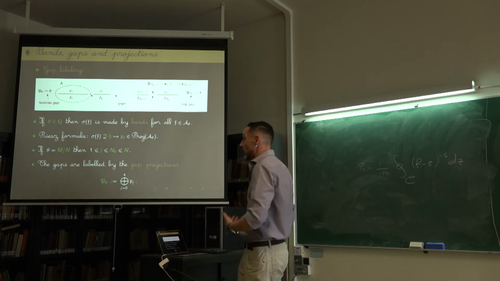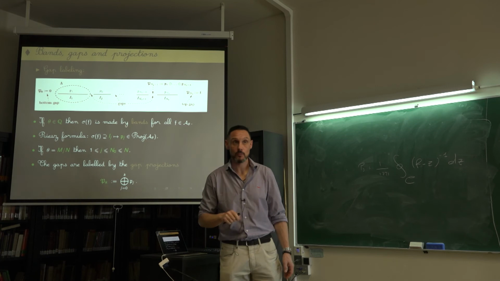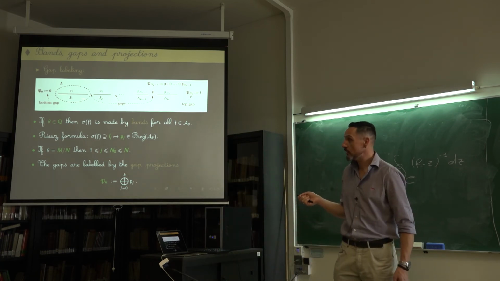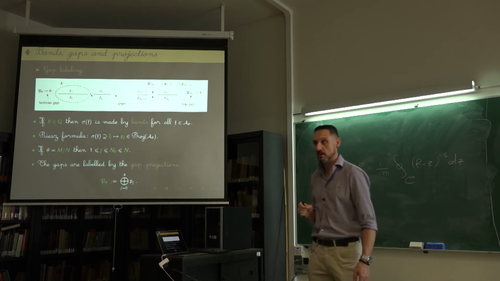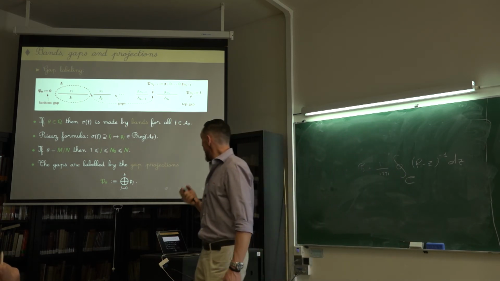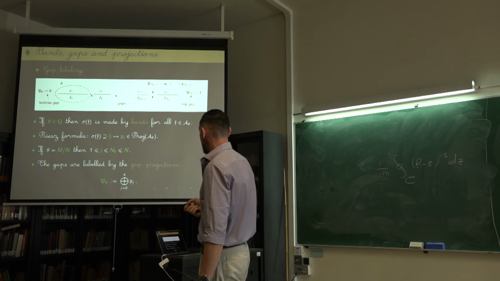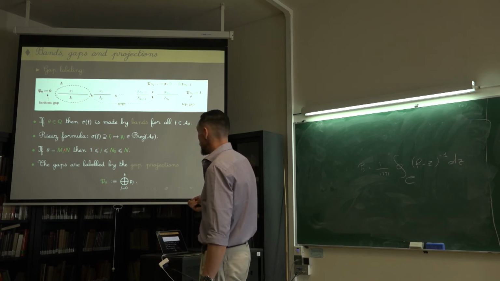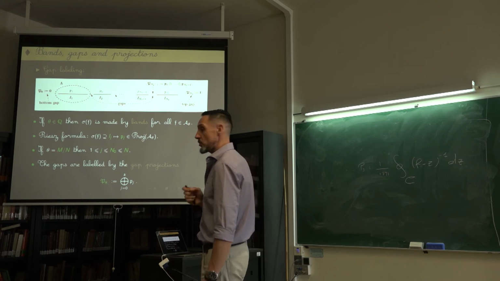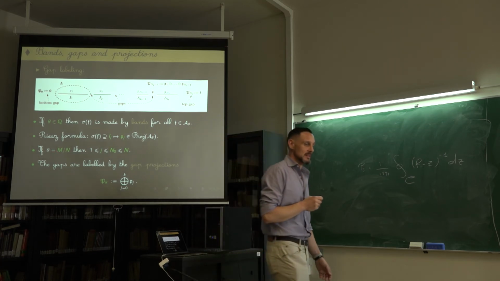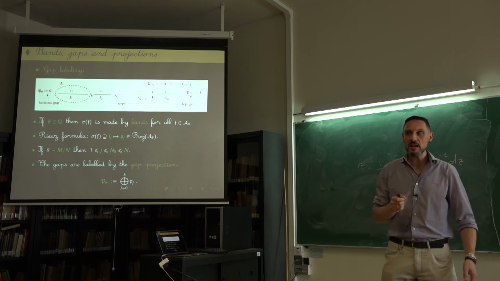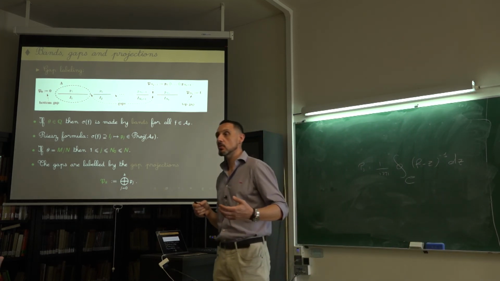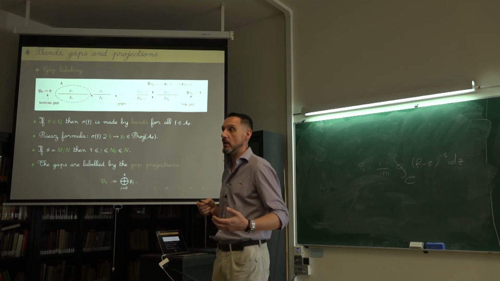This projection, by construction, is inside the C-star algebra. Then to each energy band, I can associate a projection which is in my C-star algebra. There is another result, because for this rational parameter, I know that my C-star algebra is made by continuous functions with values in n by n matrices.